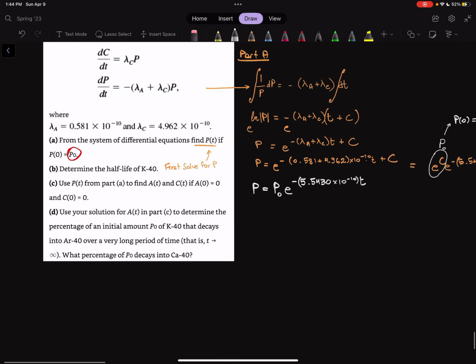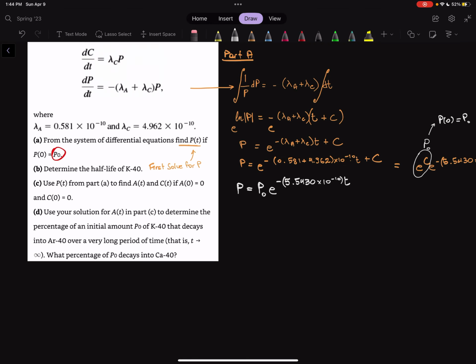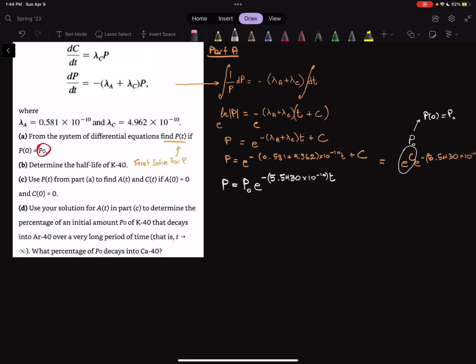So now that we have this, we want to determine the half-life. So I want to have half of what I originally had for a certain value of t.